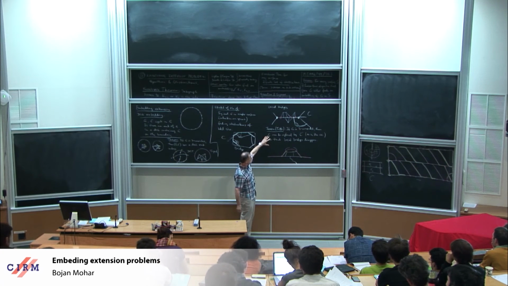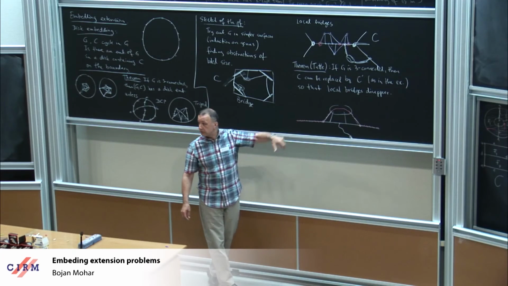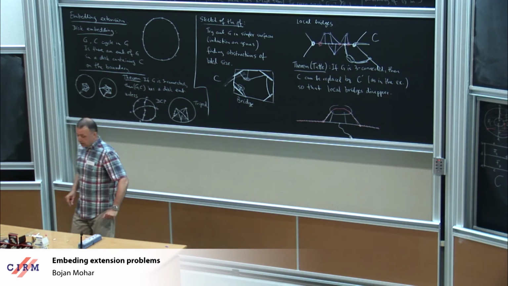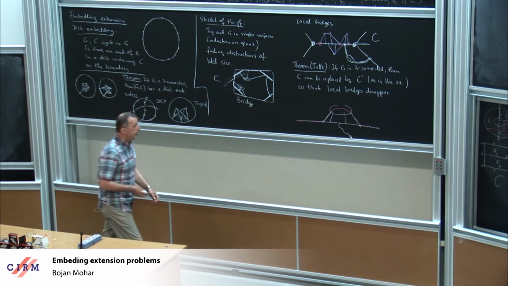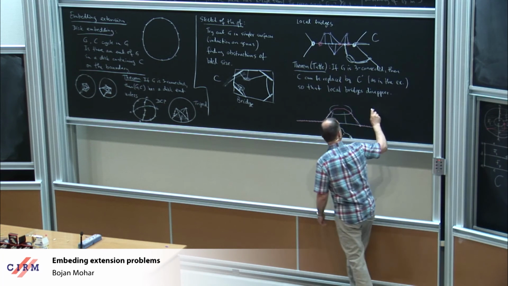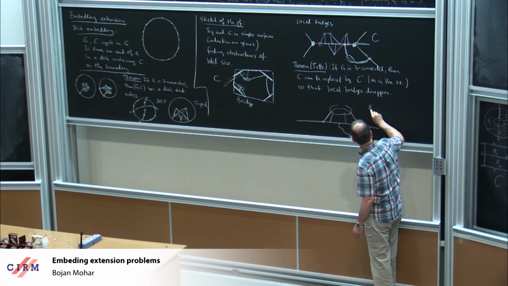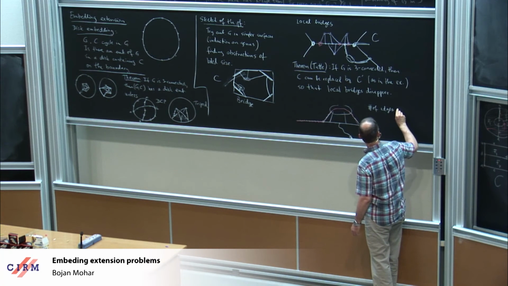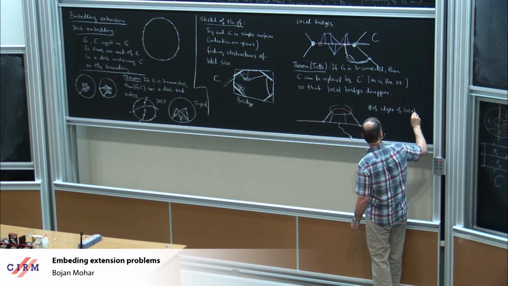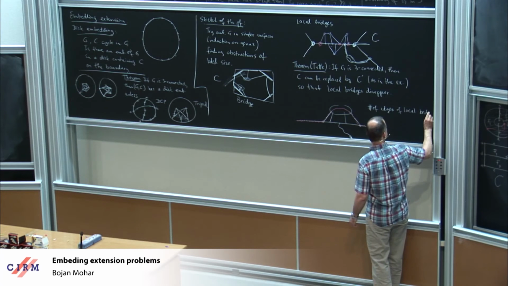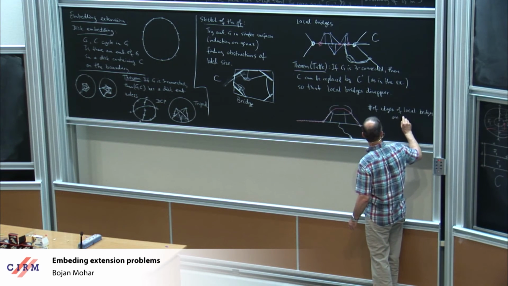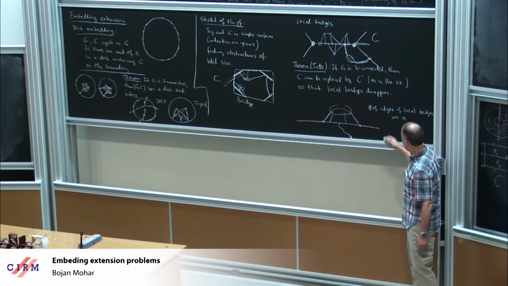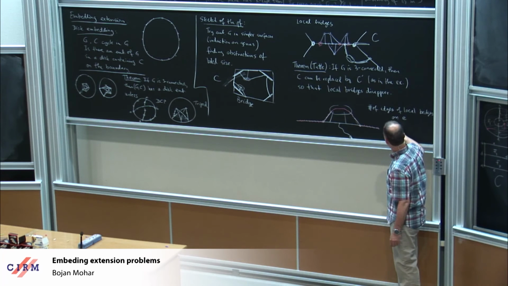It keeps the property that the vertices of degree 3 or more are not changed, only these paths change. And it has the property that after doing this, the number of edges of local bridges on this subdivided path E gets smaller.